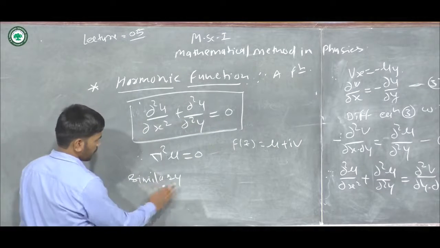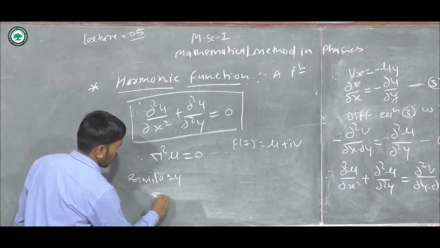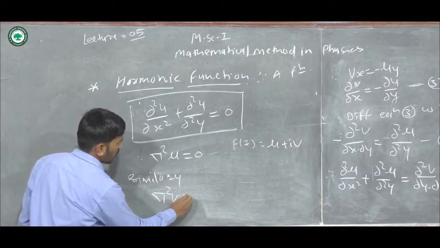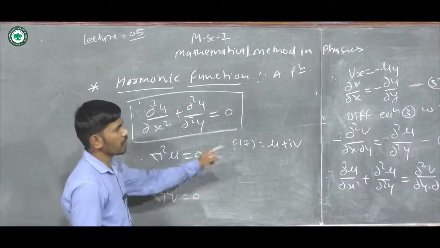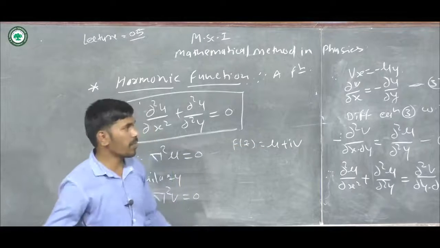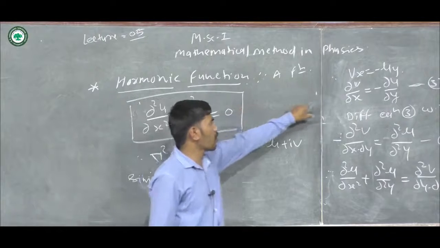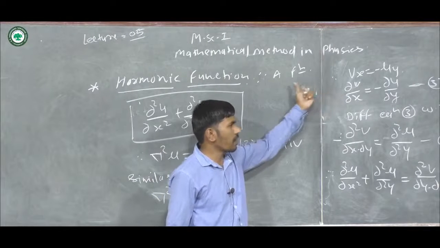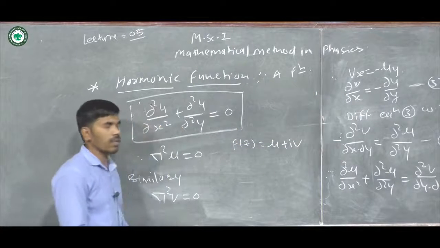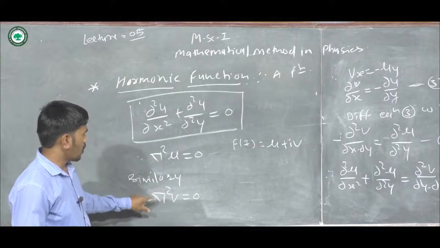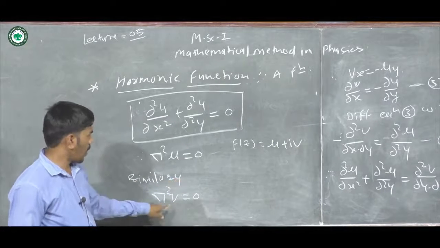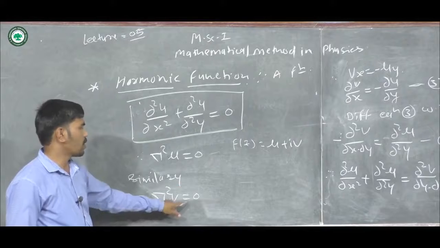Okay, so similarly we can find for v also, del square v is equal to 0. Same thing: if we differentiate with respect to x and y for the condition of the CR equations, first and second, then take the second derivative and add, you get del square v is equal to 0.